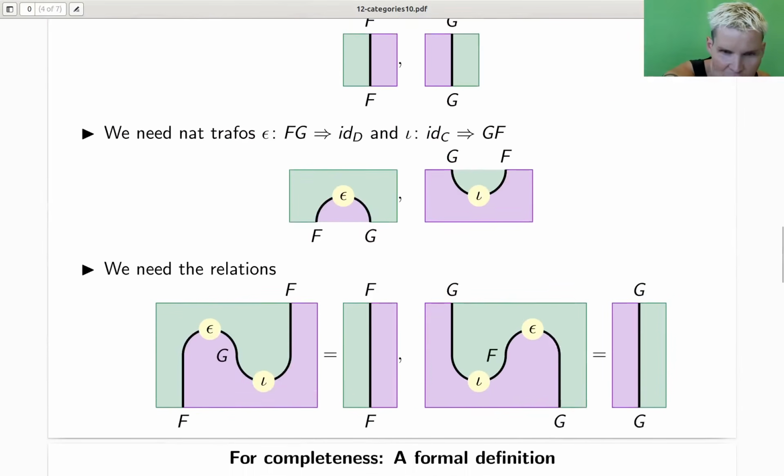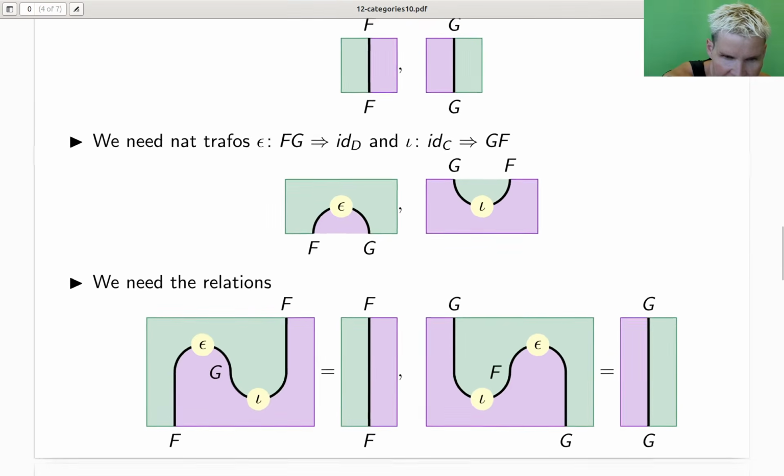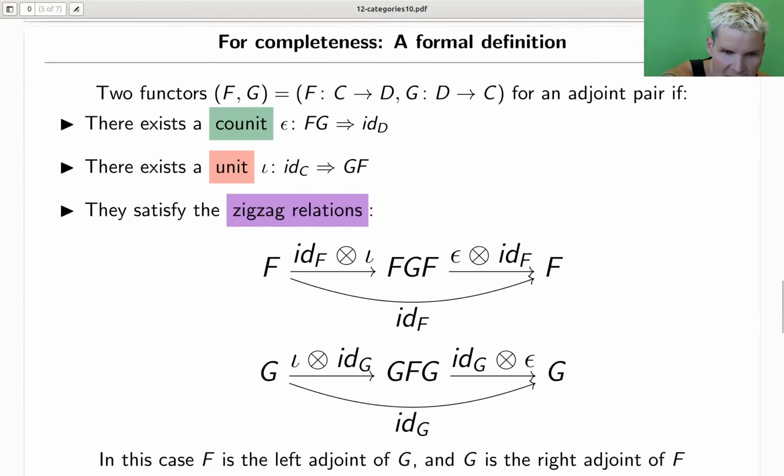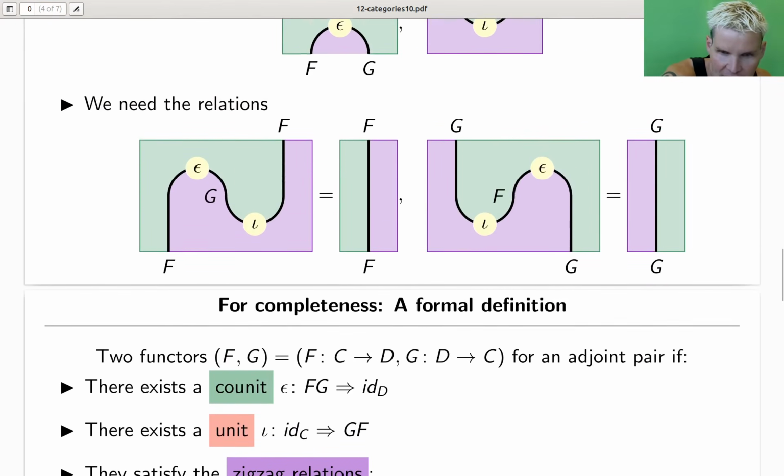So the co-unit is the left guy, the unit is the right guy. They satisfy the zigzag relations, and usually people write it like that, but if you just unravel that and draw the picture, this is literally just the zigzag relation. And in this case, we say F is a left adjoint of G, and we write this F comma G type thing, and G is the right adjoint of F, and we write G on the right and F on the left.